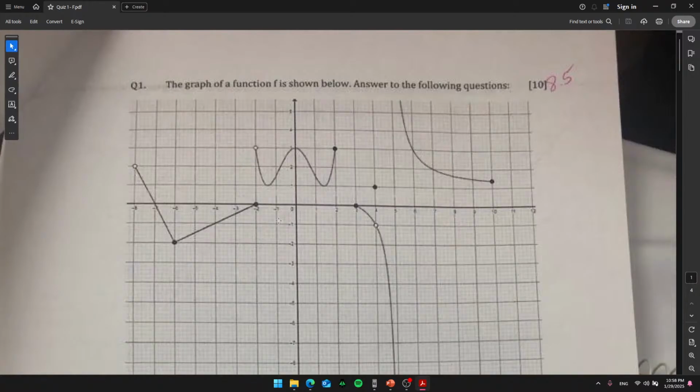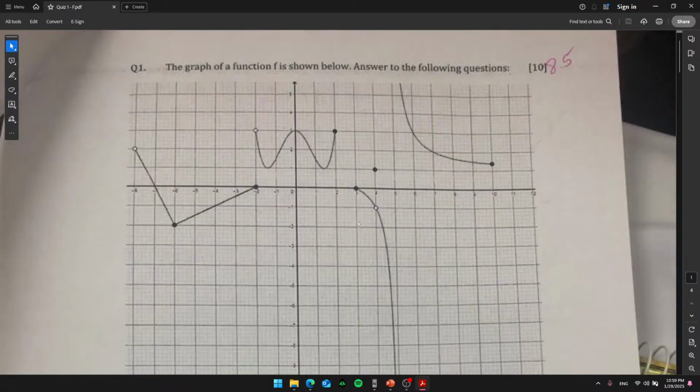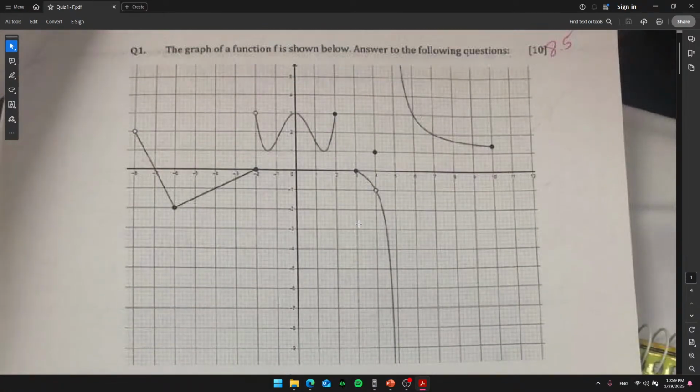List intervals where the derivative is negative. Negative 8 to negative 6. Negative 2 to negative 1.5. 0 to 1.5. 3 to 5.